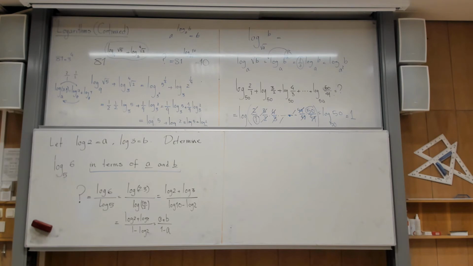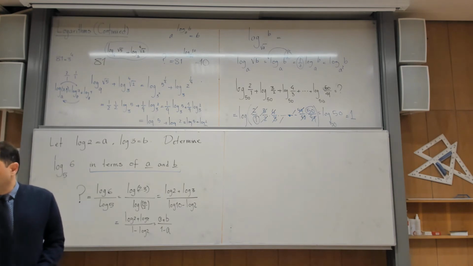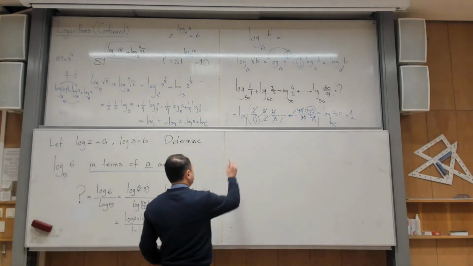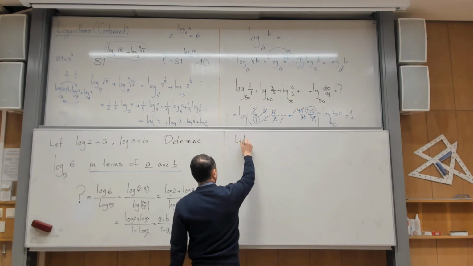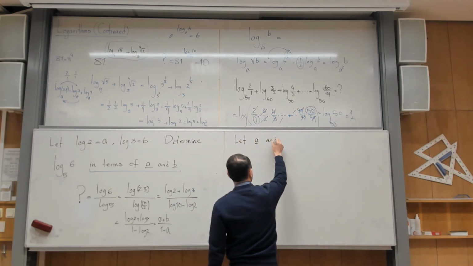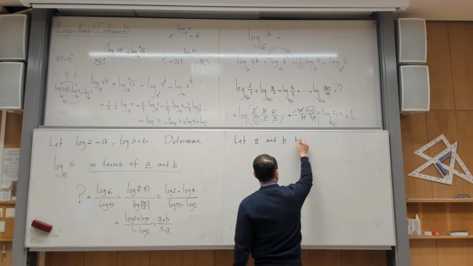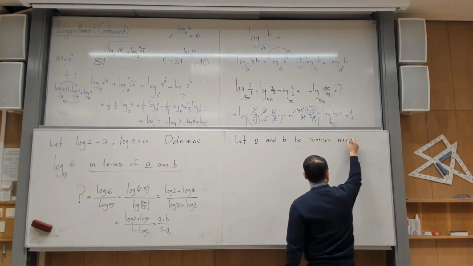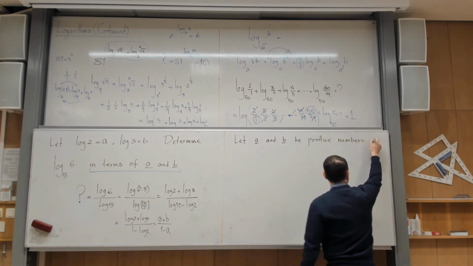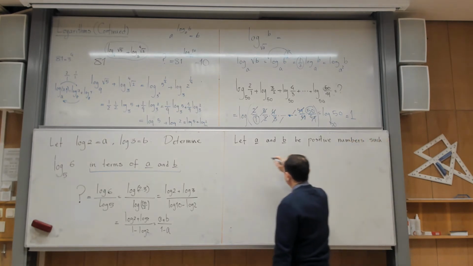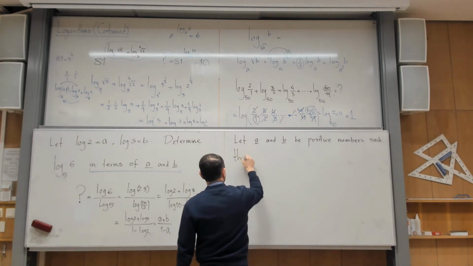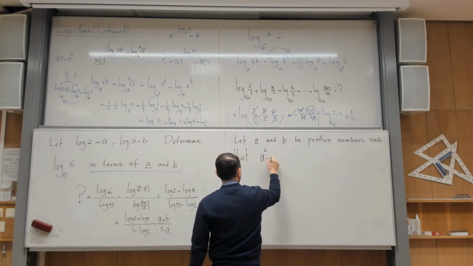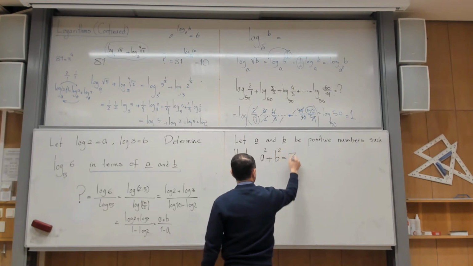Okay, so let me ask you another question. Let a and b be positive numbers such that a squared plus b squared is 7 times ab.